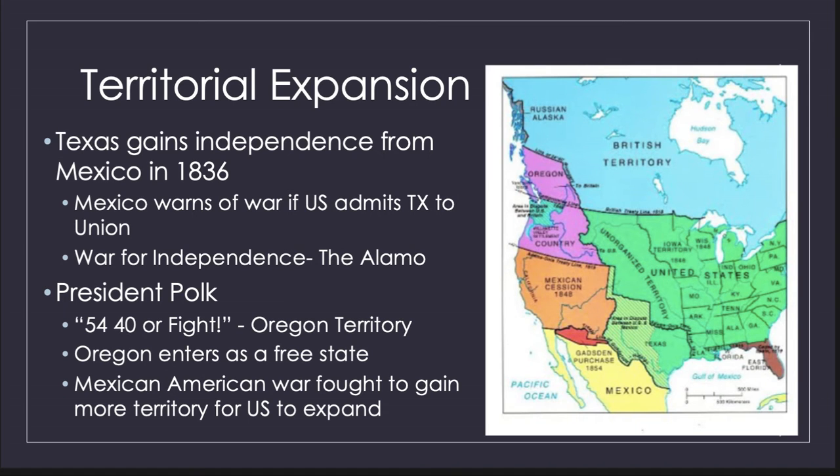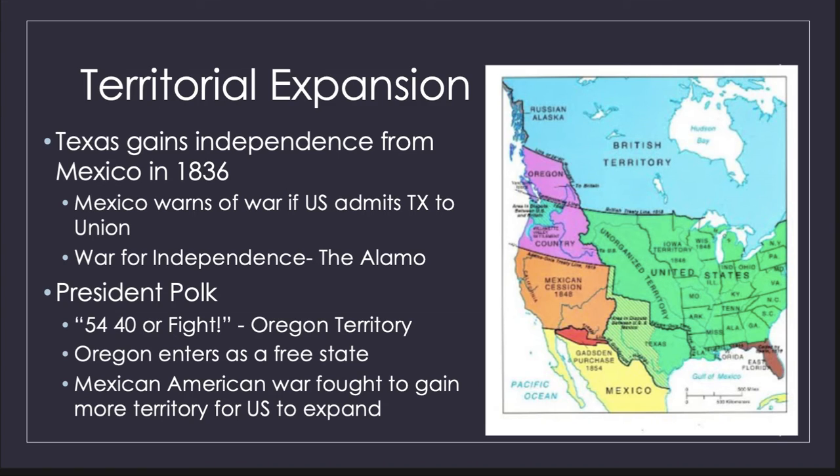Territorial expansion is going to be a huge argument between the North and the South, but we got to figure out how the heck we get all of these gains. So first, Texas is going to gain independence from Mexico in 1836. Once this happens, Mexico warns the United States, you cannot annex or add Texas to the United States.